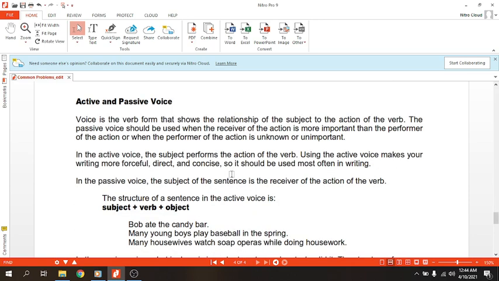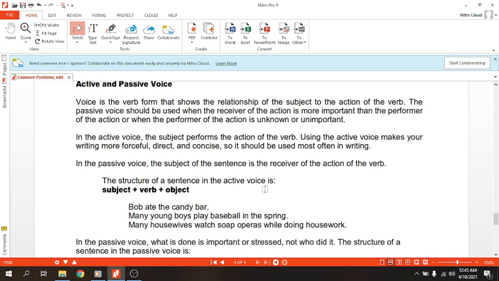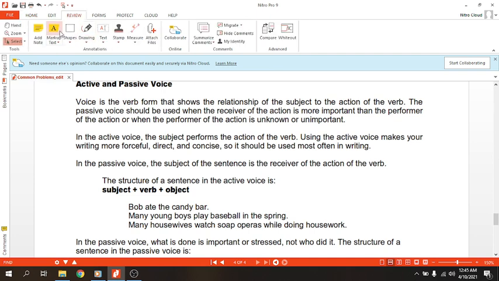Then last one is active and passive voice. This is a very sering yang tidak disadari bikin kalimat kamu buatnya pasif. Okay. So voice is the verb form that shows the relationship. Ini aja yang penting. In the active voice, the subject performs the action of the verb.